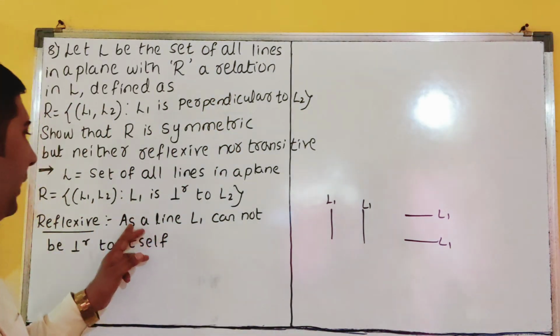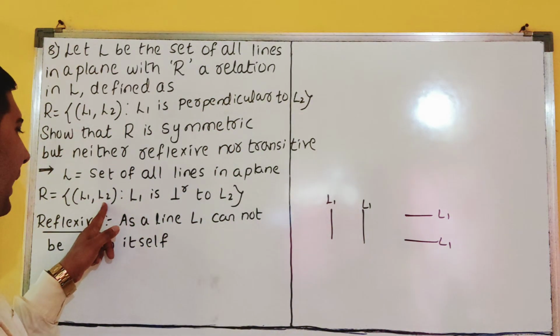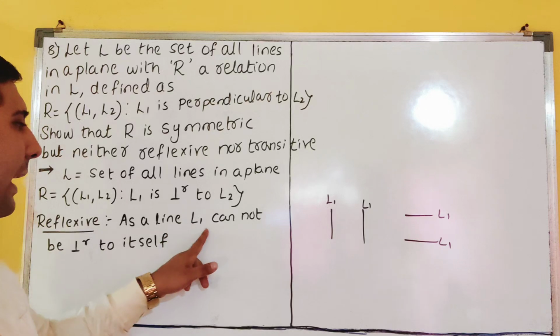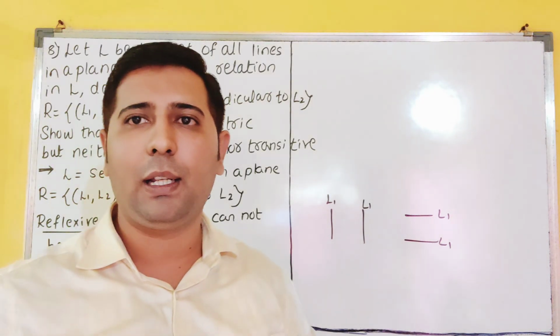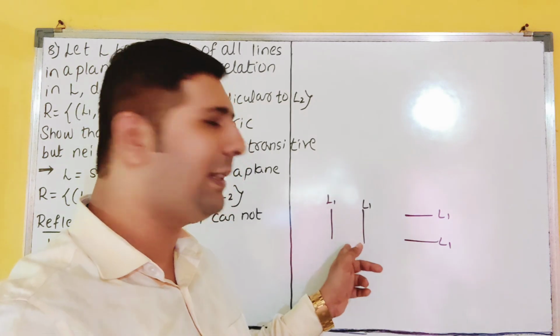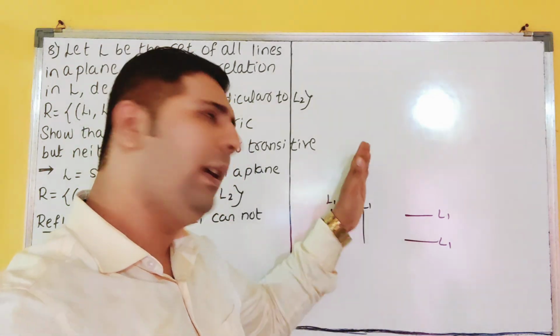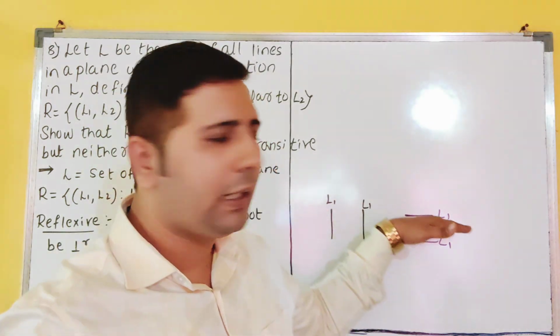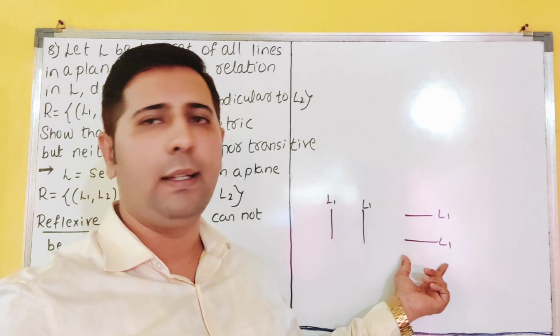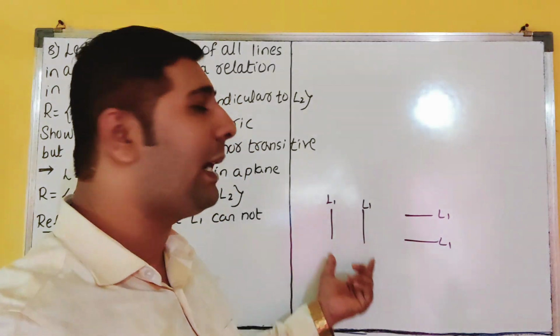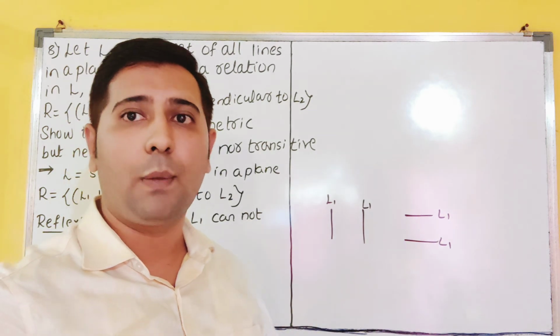So now see here. If you replace L2 by L1, as a line L1 cannot be perpendicular to itself. How can it be perpendicular? It is parallel. If you take L1 in horizontal, again L1 will be horizontal only. So these will become parallel, dear students. These lines are not perpendicular.